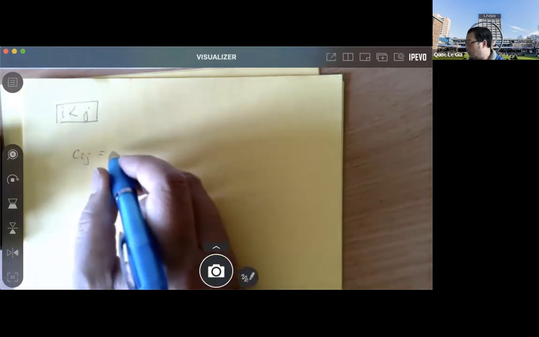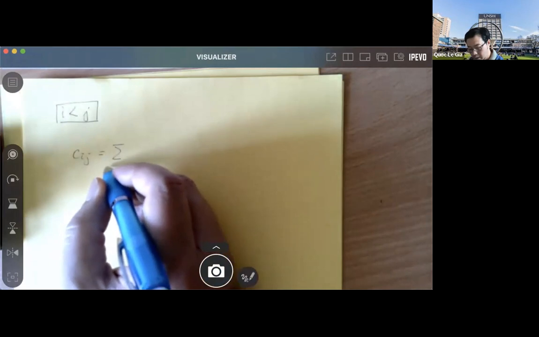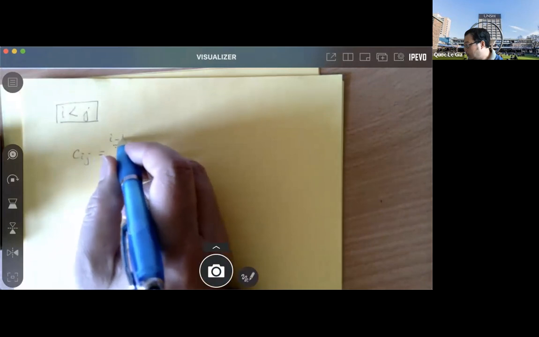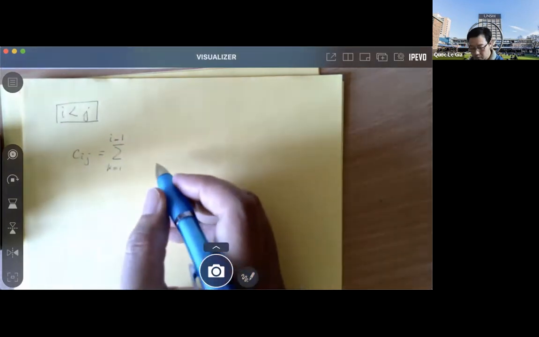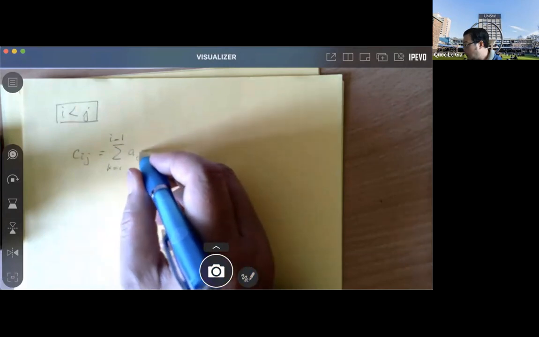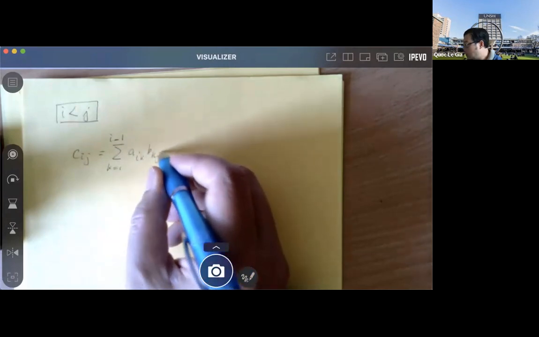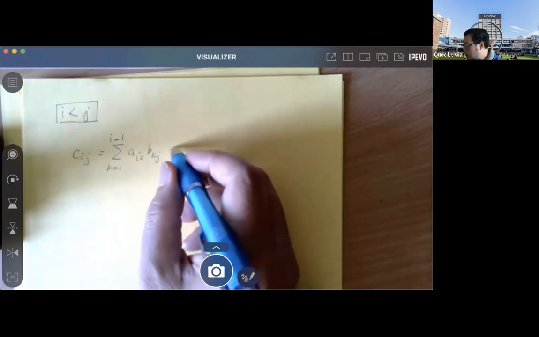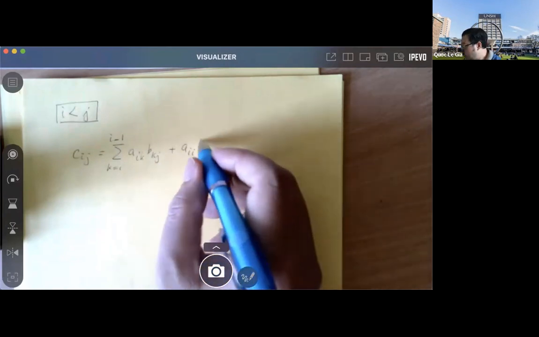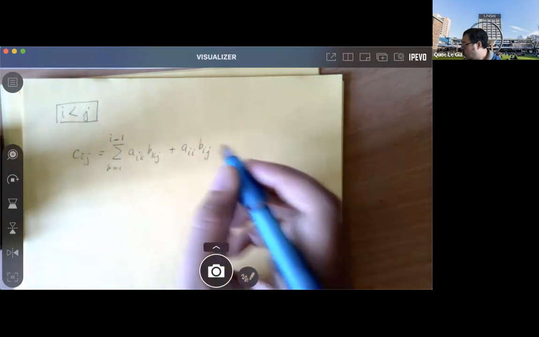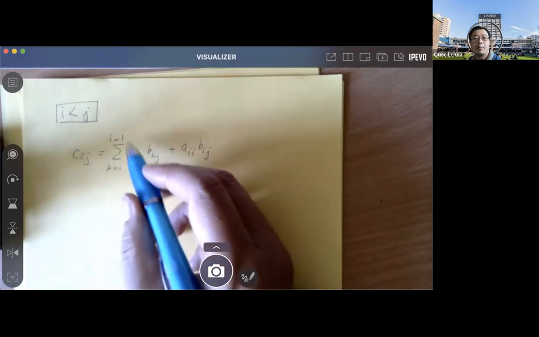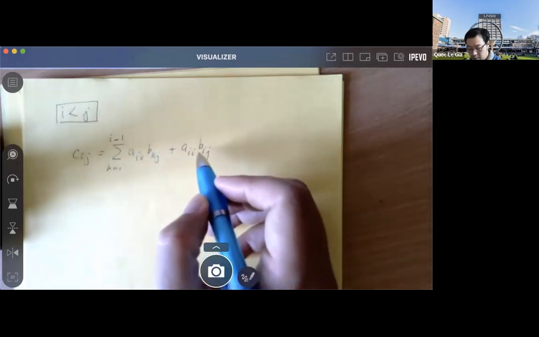So the sum of k from 1 to I minus 1 of Aik Bkj. Then I stop, and I have the term Aii Bij, remember k runs only up to I minus 1 in the first sum, so then you have I here.